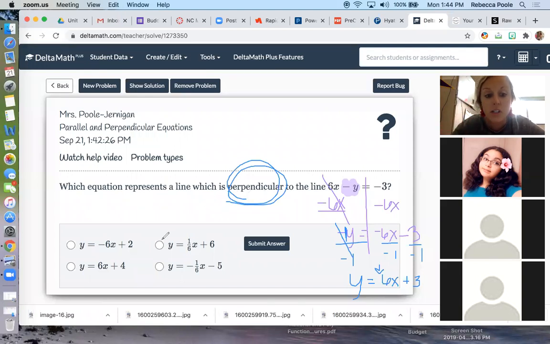So which answer choices aren't negative? The second one and the third one. Good, those were both positive. So not only does this need to be negative now, but instead of 6 over 1, what do I got to do to that? Flip it. 1/6. Good. Change it to the reciprocal, 1/6. So which answer choice has a slope of negative 1/6?